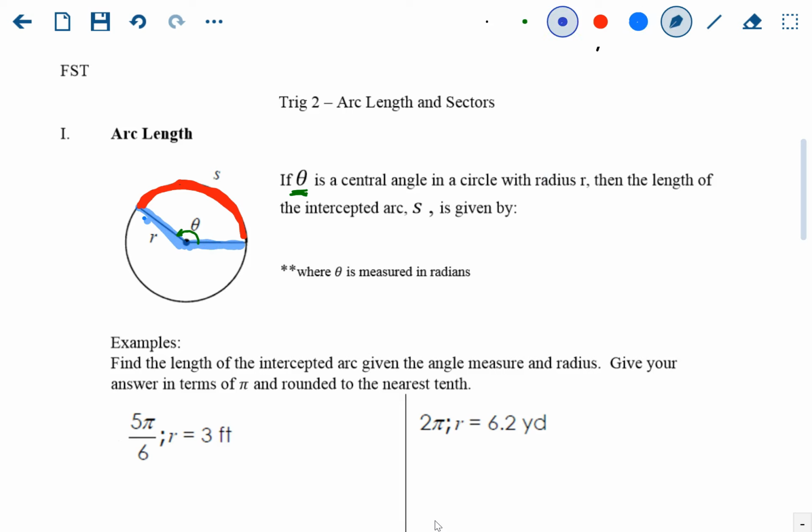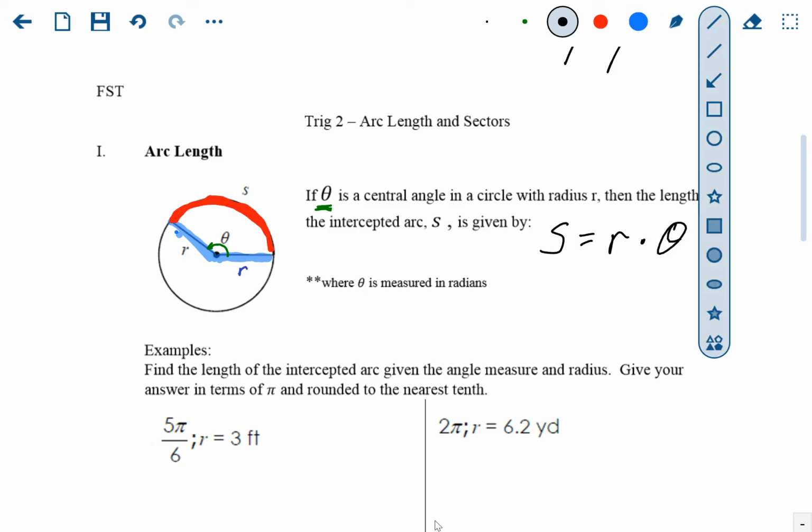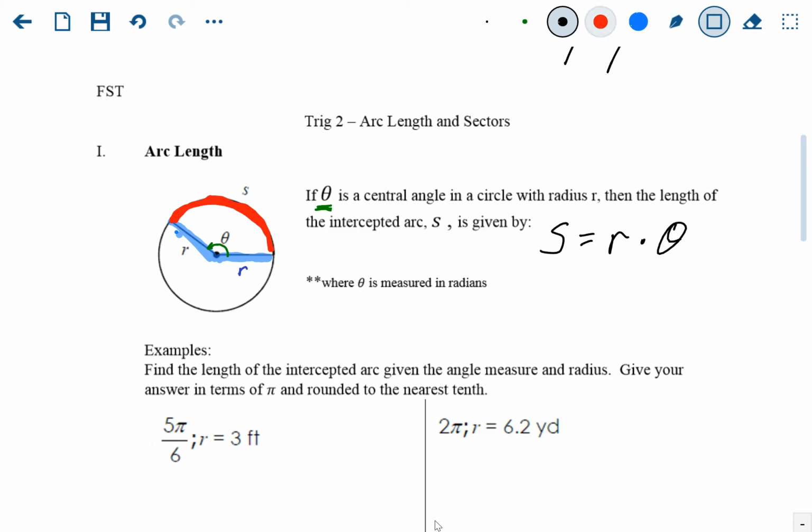The edges of your pizza slice. All right, so you have the central angle theta and a given radius r, then the length of the intercepted arc, s, so the length of that crust, is given by the equation s equals, so the arc length equals, the radius times theta. Okay. So that's a pretty easy formula. If you want to find the arc length, you have to do the radius times the angle.